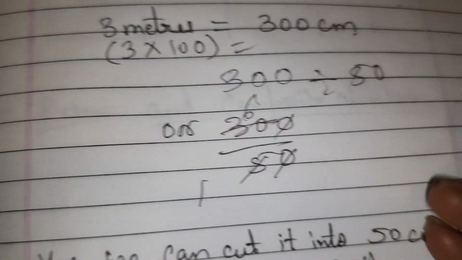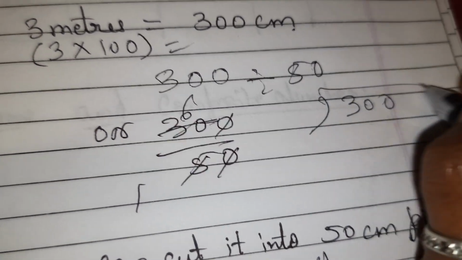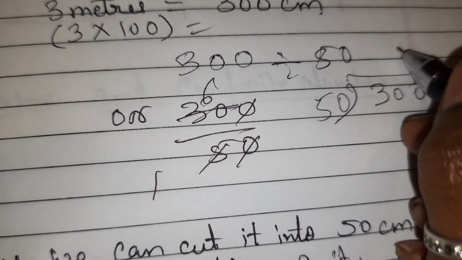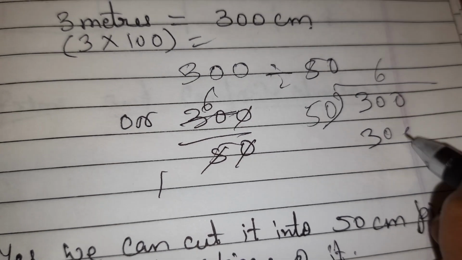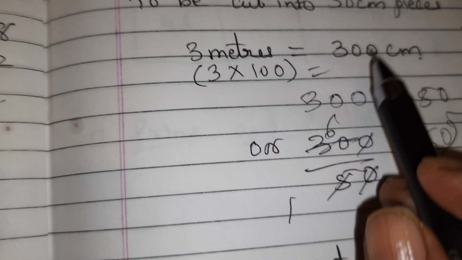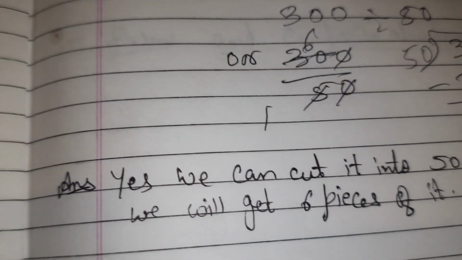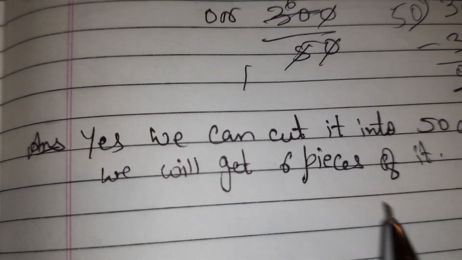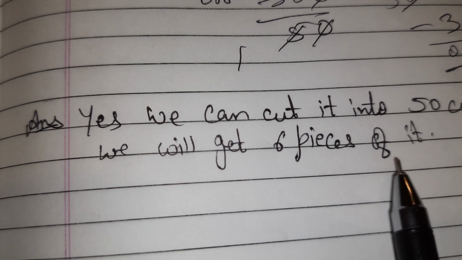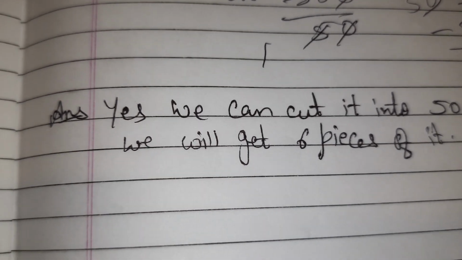If you don't understand this division, then simple, you go for your division this way. 50 is my divisor. So 50 6s give me 300. That you'll have to multiply and check out. Okay. So yes, we can cut it into 50 centimeter pieces. And how many pieces will we get? 6 pieces, children. Yes, we can cut it into 50 centimeter pieces. We will get 6 pieces of 50, 50, 50 centimeter.